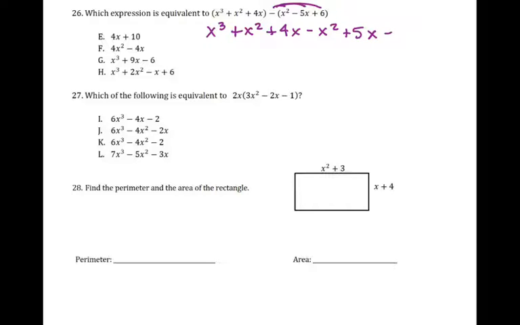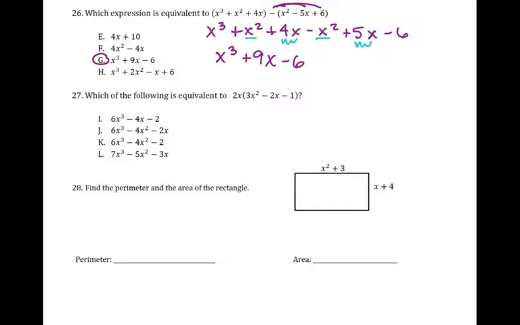Negative times 6 is negative 6. And I'm going to start to look for my like terms. I don't have any other x cubed, so I'm just going to rewrite that. I have x squared minus x squared. That's going to cancel. 4x plus 5x is 9x and minus 6. So looking at my answer choices, that is letter G.